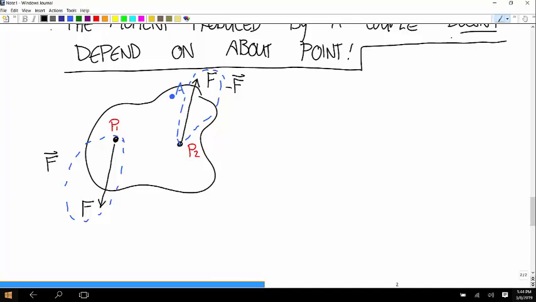And what we're going to see is that when I add together the moments produced by those two, the appearance of A in this calculation is going to disappear. And what that'll say is you could move that A anywhere you want and you'd get the same value.